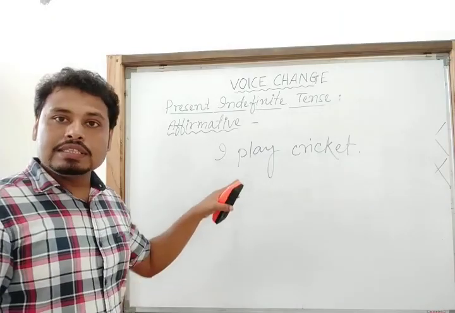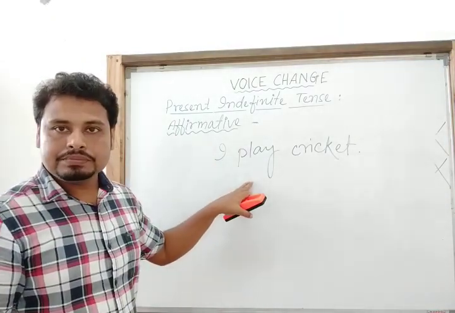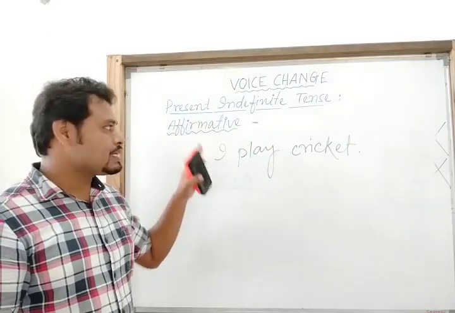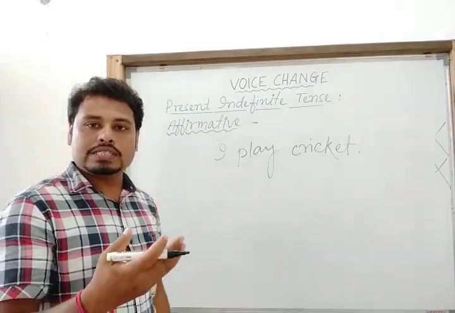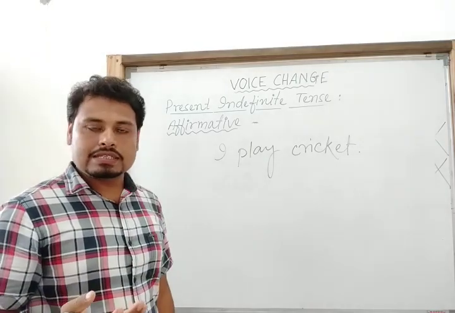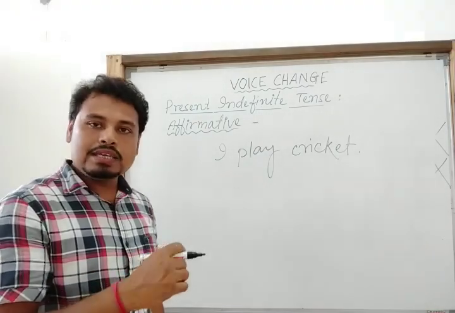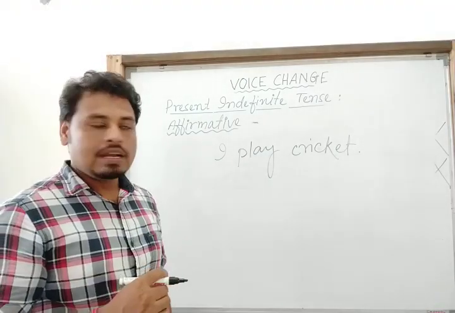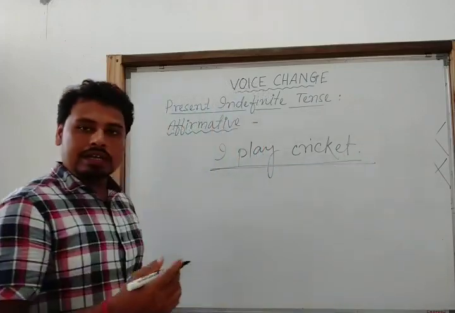How to change these sentences? This is in active form, all of us know. We have already discussed what is active voice, what is passive voice, and what are the general rules of voice change. So I play cricket is in active form. Now we need to know how to change this into passive.